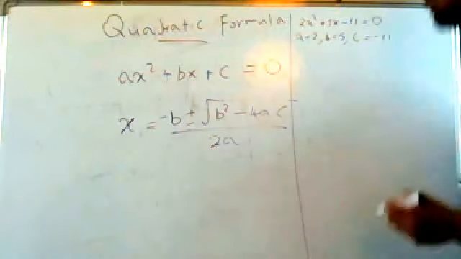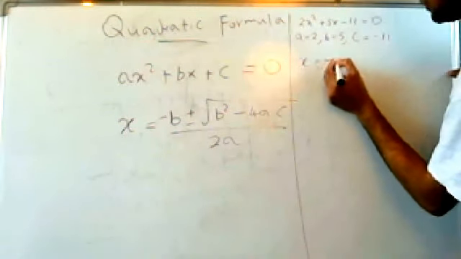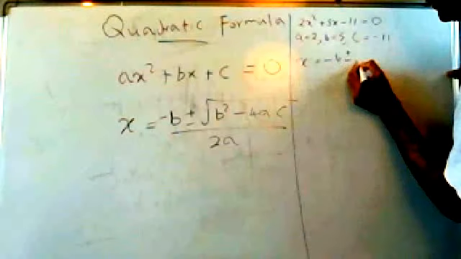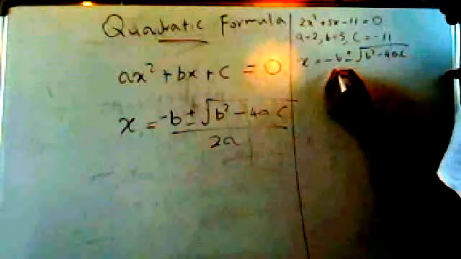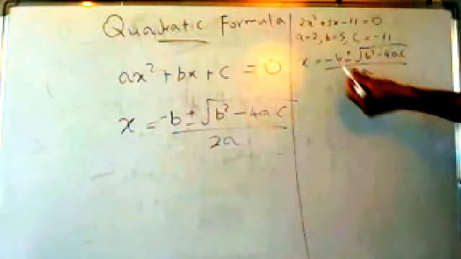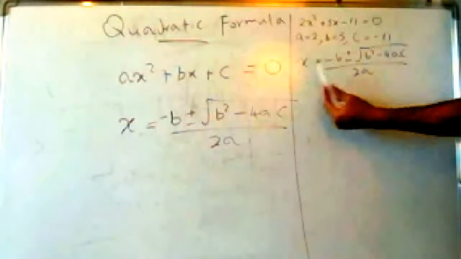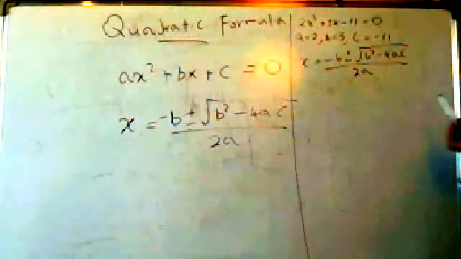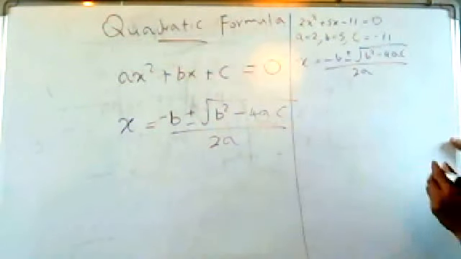Now if I just write the quadratic formula here, that's x equals minus b plus or minus square root of b squared minus 4ac, all over 2a. So I wrote what my a, b and c are, and then I wrote the quadratic formula underneath, so I can substitute these values into the formula now.